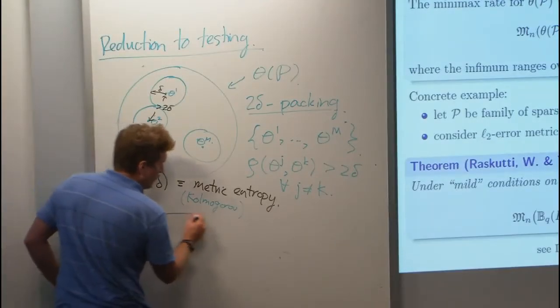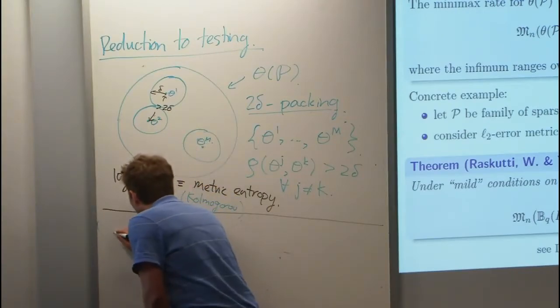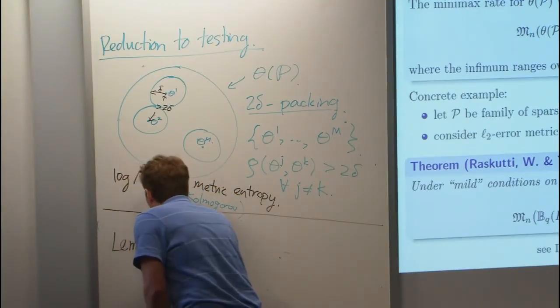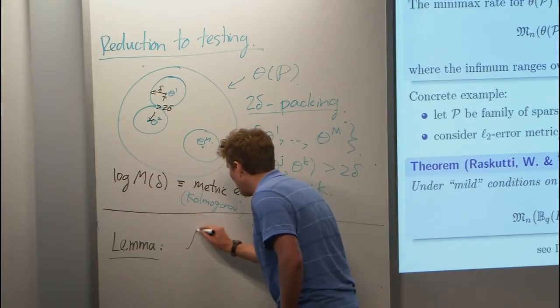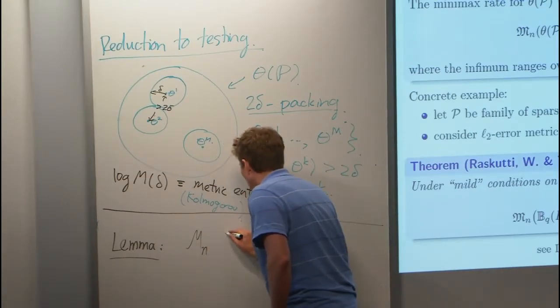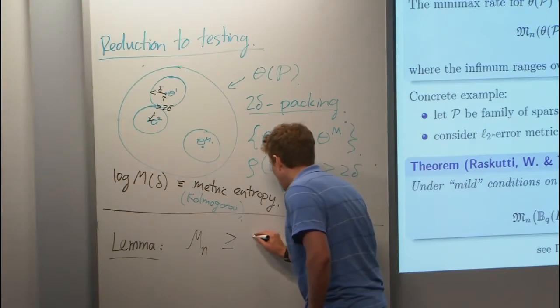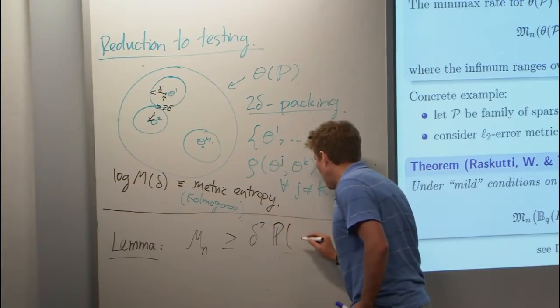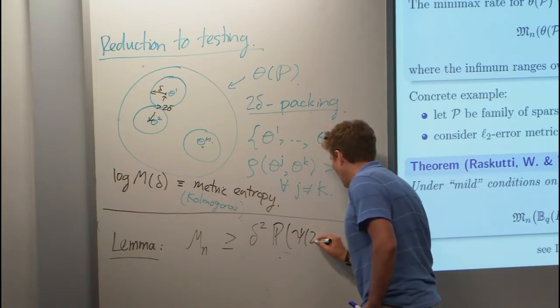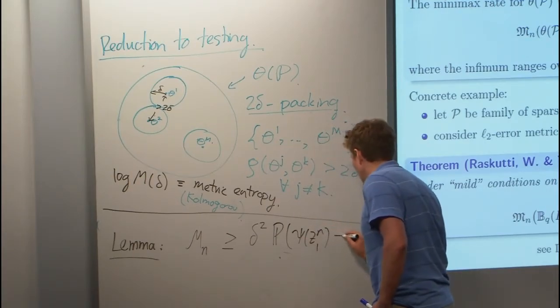And that's formalized with a lemma. I won't prove it, but it's a nice little exercise to work through. So what the lemma says is that the minimax risk here is lower bounded by delta squared times the probability over any one of my test functions.